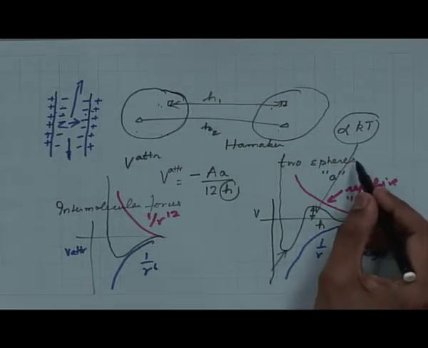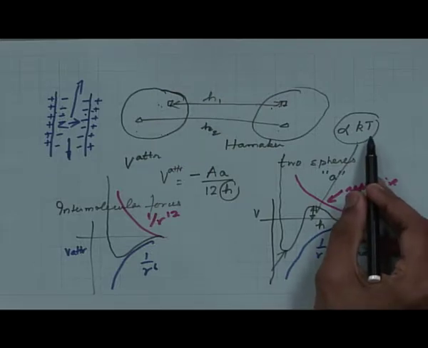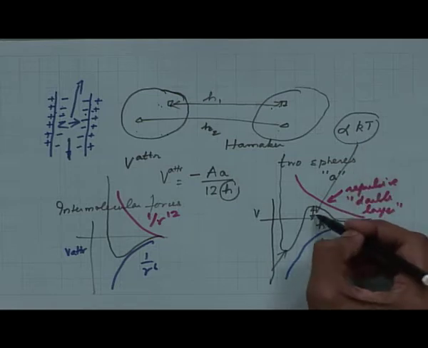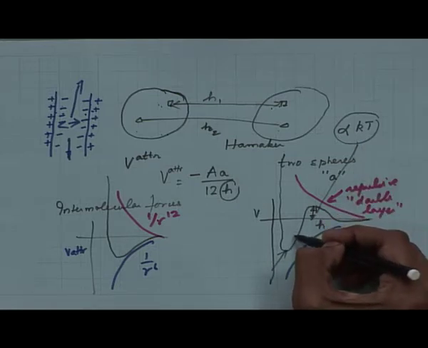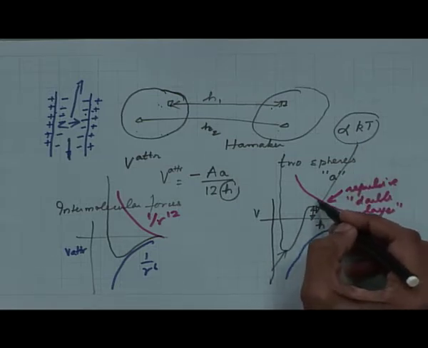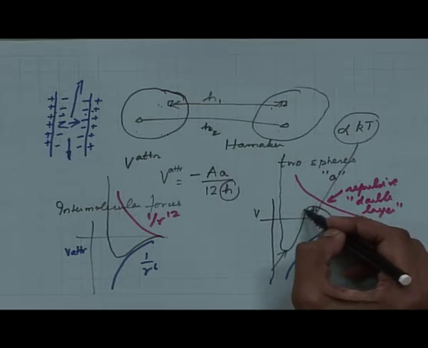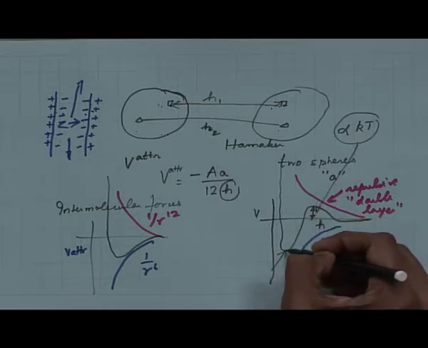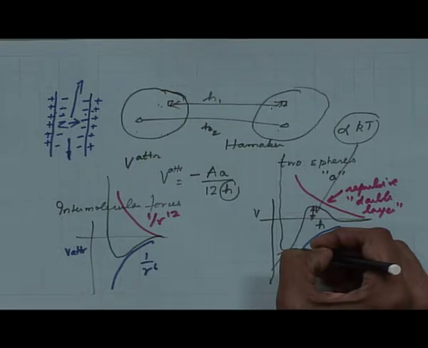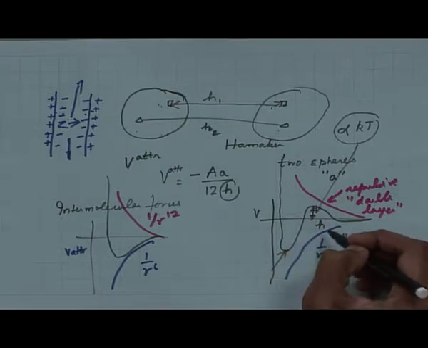On the other hand, if the thermal energy is such that it has enough energy to pass this barrier, then it will go into this state, which is aggregation. So, that is the key to this.